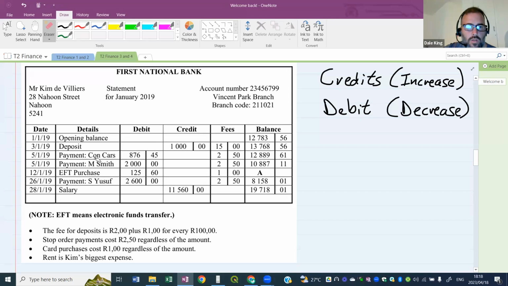It's in the debit column because money's coming out of your account. And in the fees column, these are the fees that you will pay. So you're not only paying the stop order of 876 Rand 45 cents, but you also have to pay the 2 Rand 50 for that transaction. And that altogether will change your total.